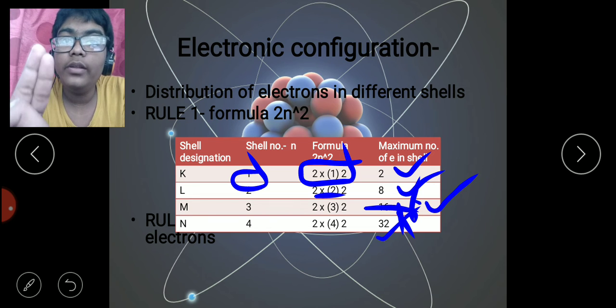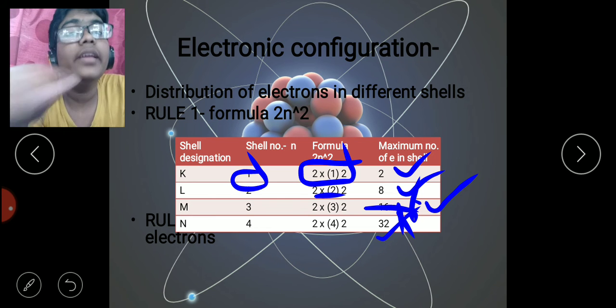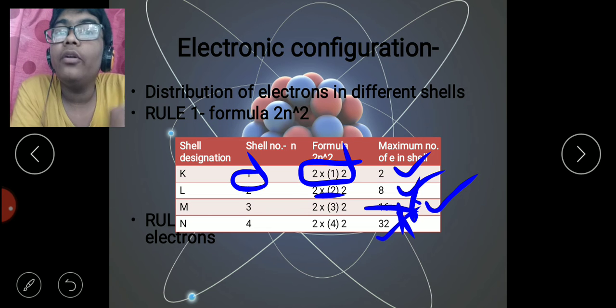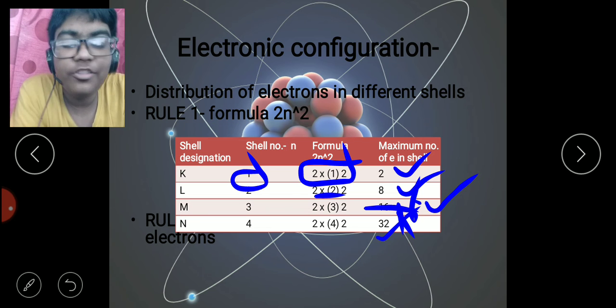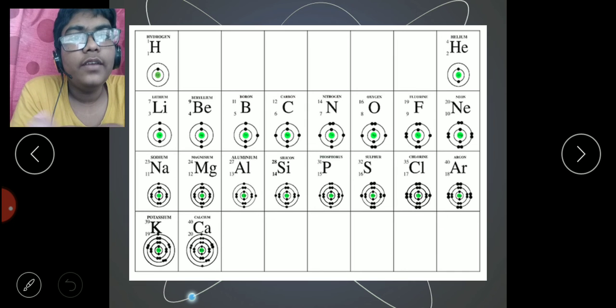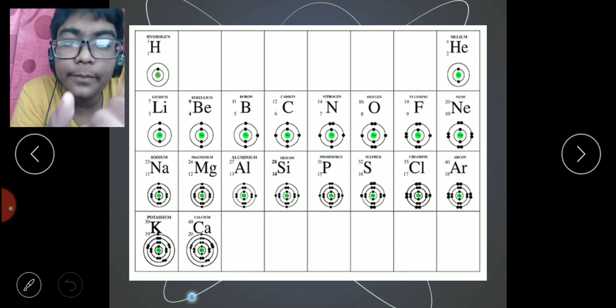The second rule is that the maximum number of electrons in the valence shell, that is the last shell, cannot exceed 8 electrons. More than 8 electrons cannot be present in the valence shell. Here you can see the first 20 elements and their atomic diagrams also.